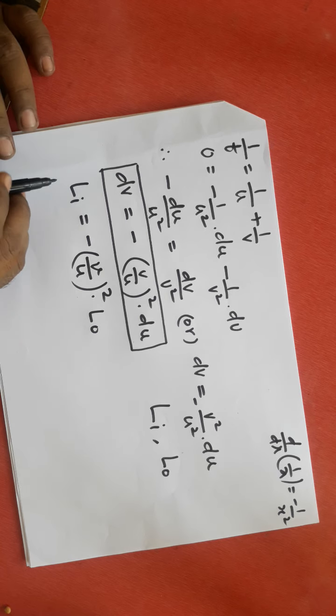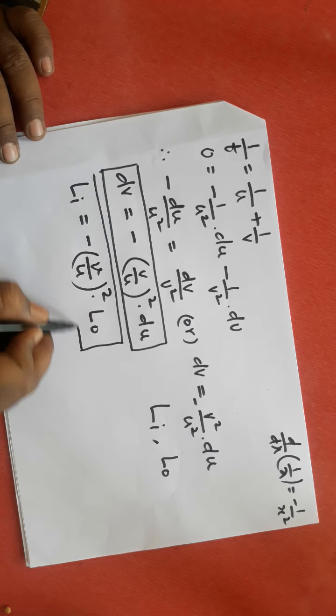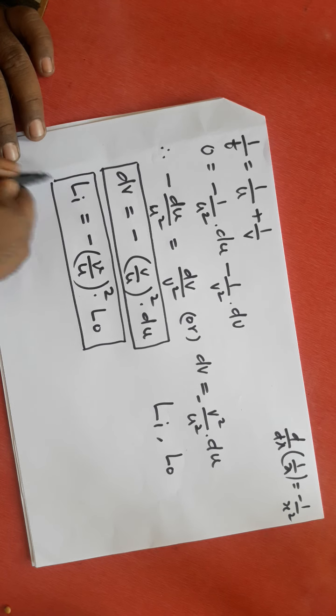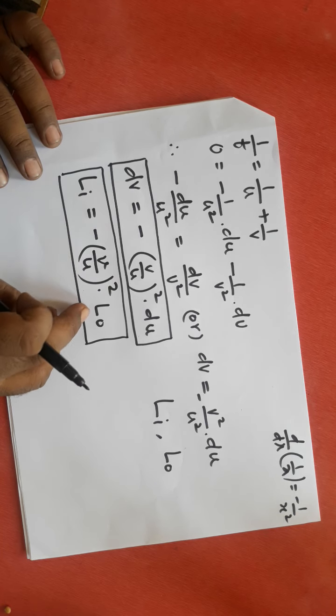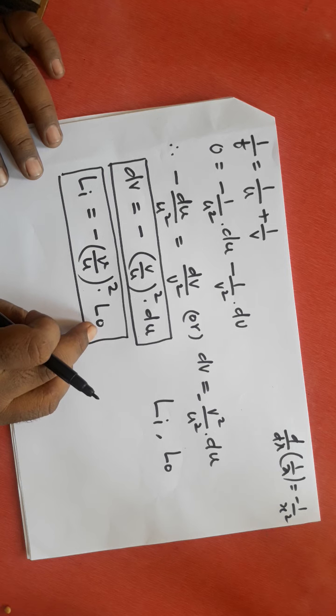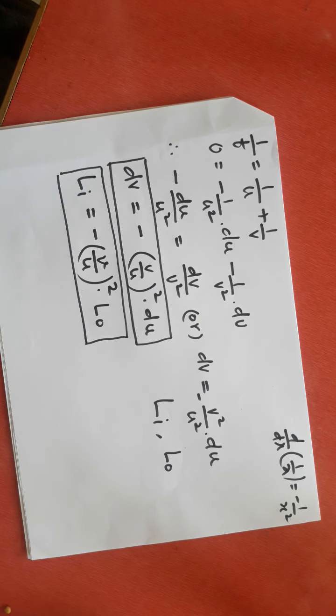This is the formula to find the length of object if length of image is given. Okay, this is v by u whole square into li. Since the image is formed inverted, there will be a minus sign.